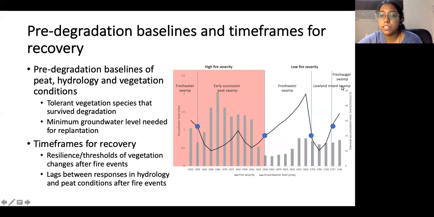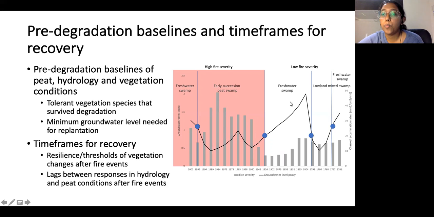you can also see that the dominant species was freshwater swamp because it was wet and there was not much fire severity. But once it dips to a certain level, we suddenly see the freshwater species going really down, and it was replaced by lowland mixed swamp species because they are able to survive in a lot of fluctuating conditions.